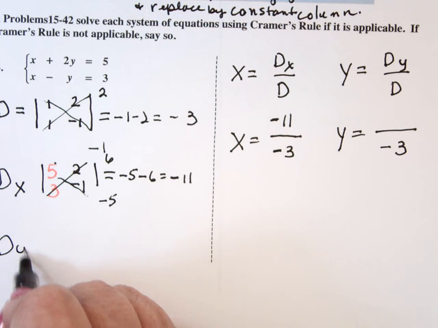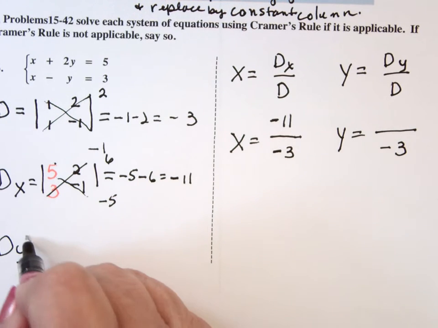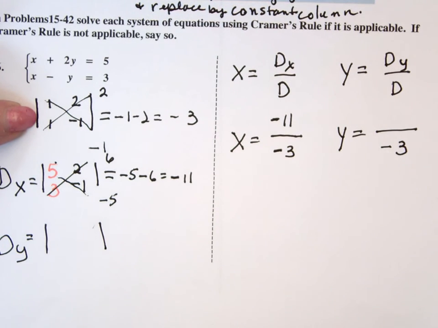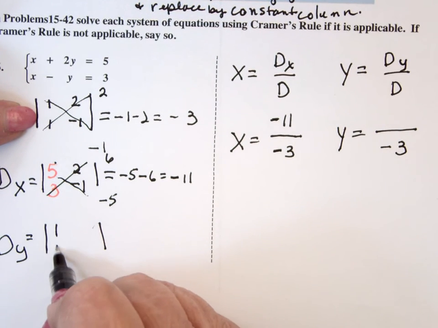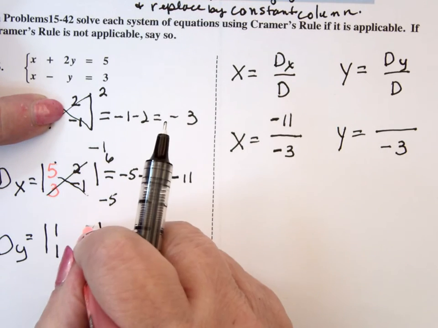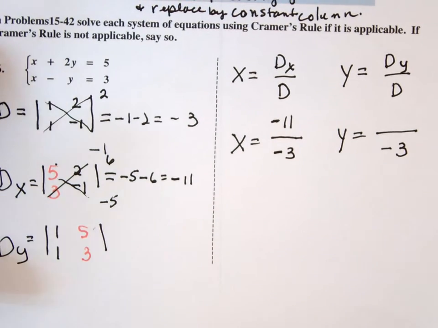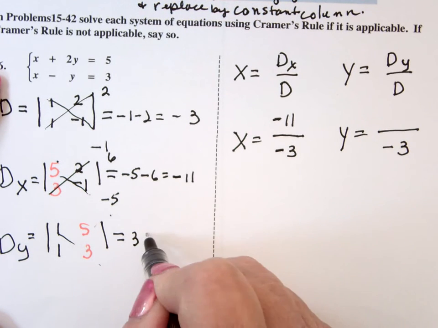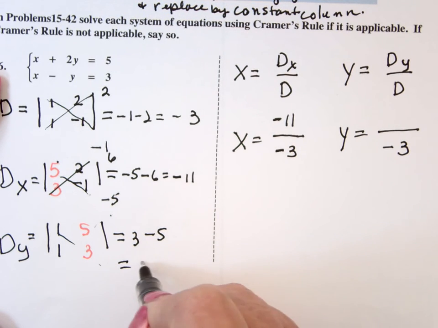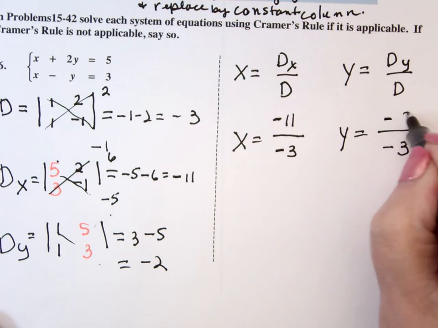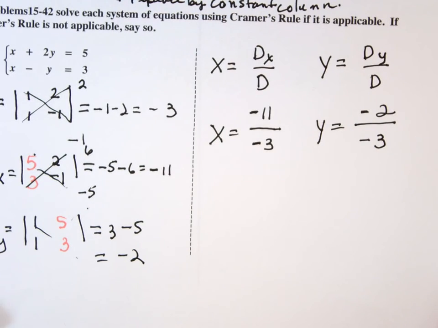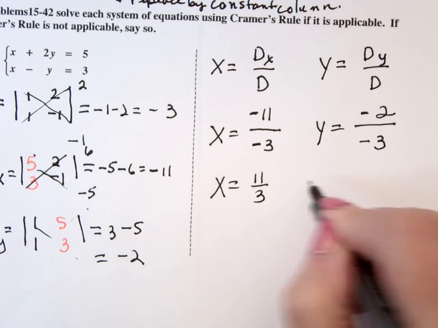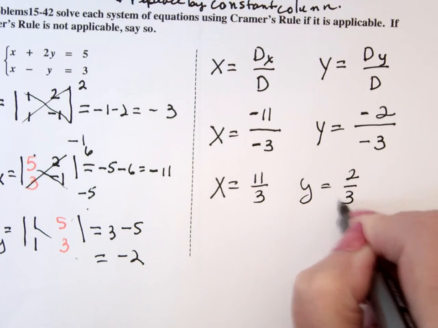D sub y takes the determinant of coefficients, takes the y column out and replaces it by the constants. Down is 3, up is 5, down minus up is negative 2. So x is 11 over 3, y is 2 over 3.